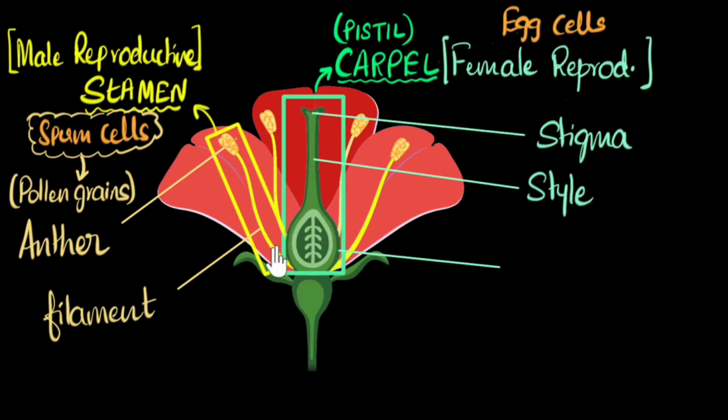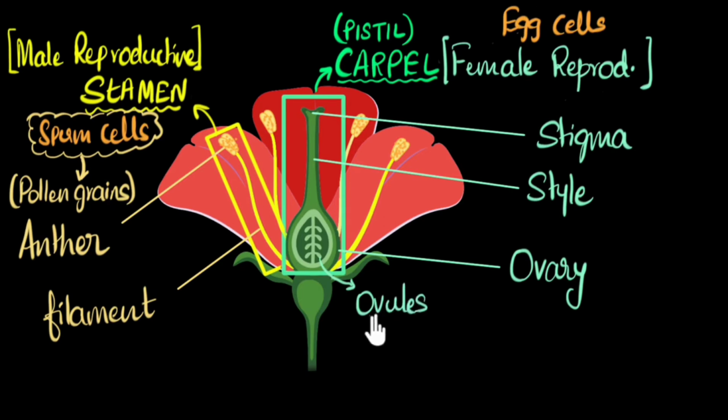And this structure over here is what we call the ovary. Inside the ovary you'll find these seed-like structures. They're not seeds yet, but they are called ovules.